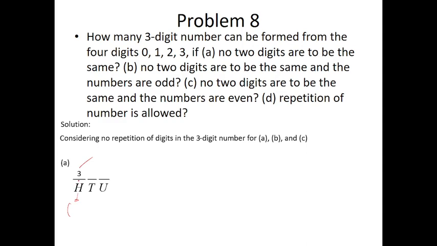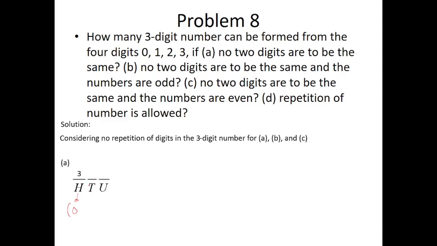Definitely not, because 0, 1, 2, for example, is not a three-digit number. Instead, it is a two-digit number. So the hundreds place can never be 0.